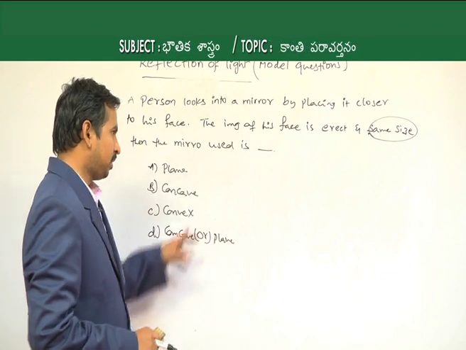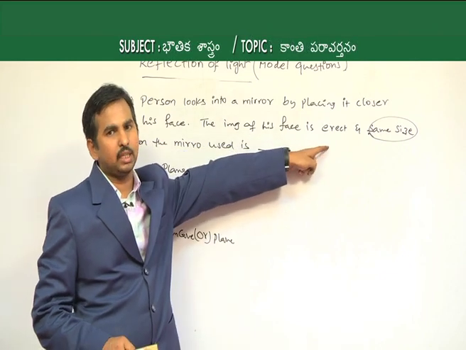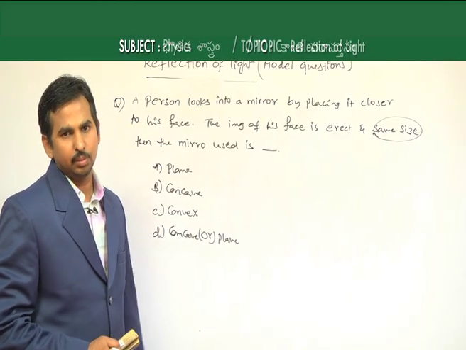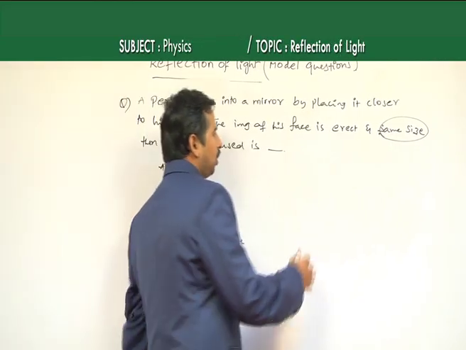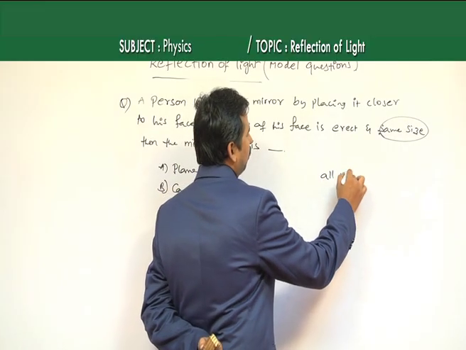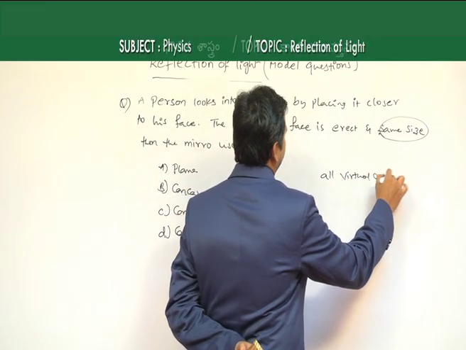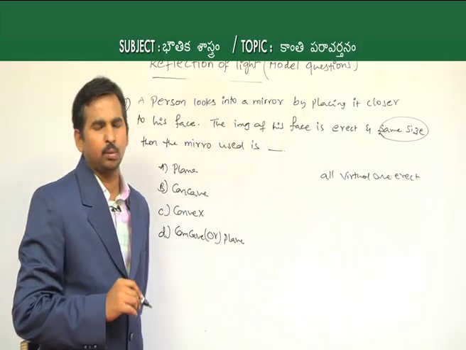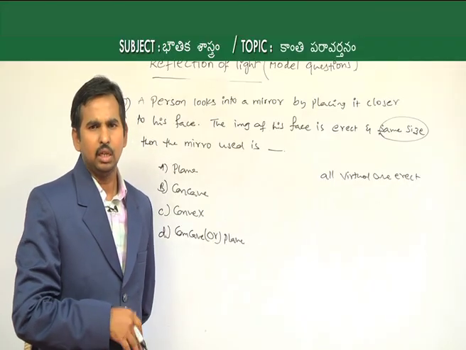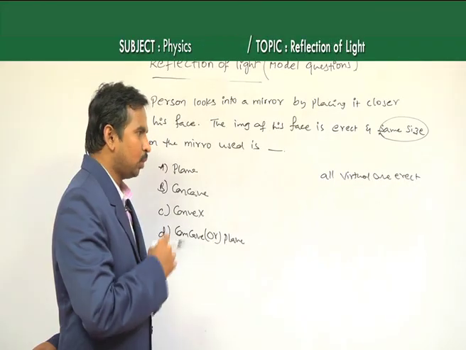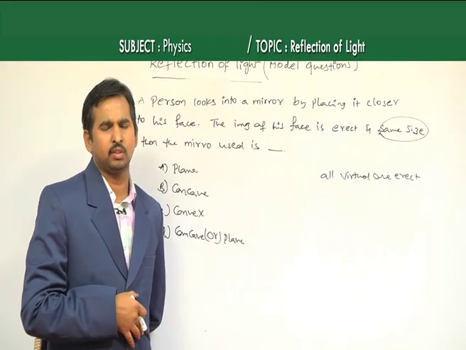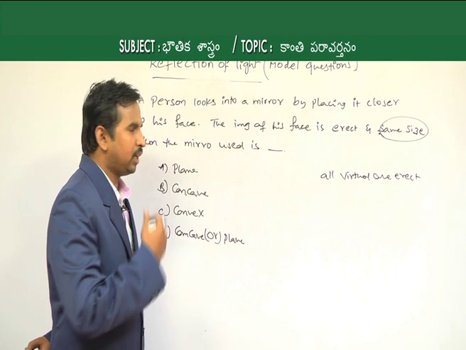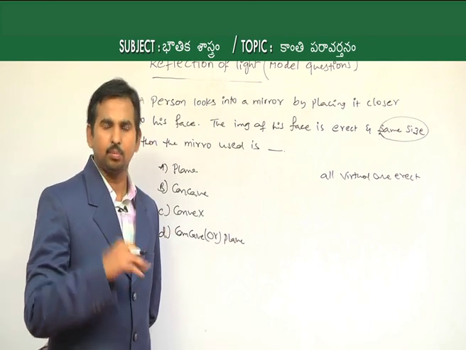But actually the problem here is that one option is about an erect image. Erect images are actually formed only by virtual images. All virtual images are erect. In the case of a concave mirror, in most cases it forms real images only, but it forms a virtual image in only one special case, where we get a virtual, erect, but magnified image.